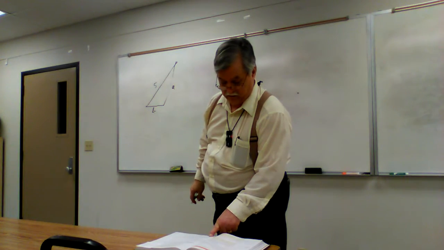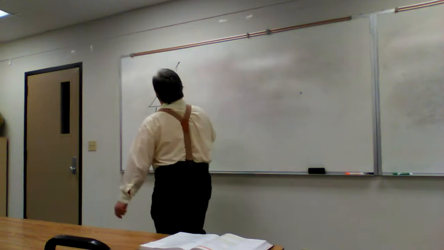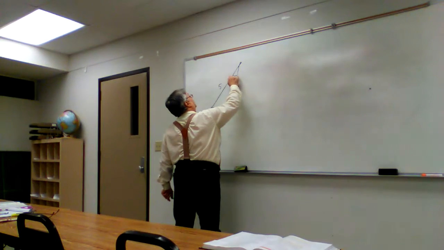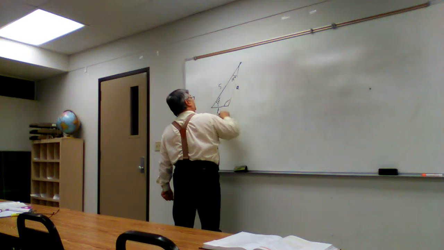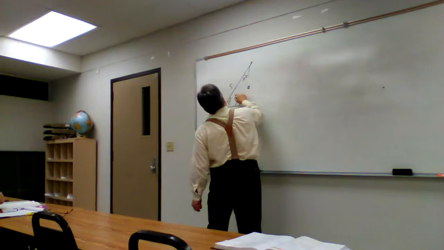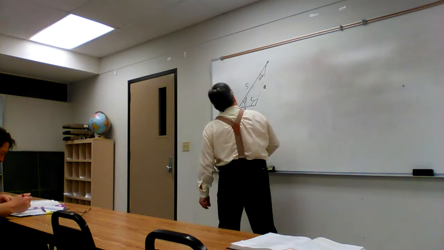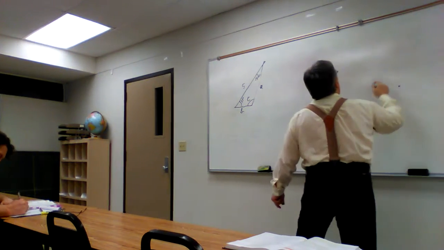And we know 15 and 35. So we've got to solve for angle C, sides A and B.